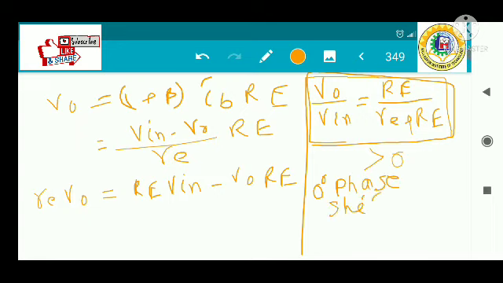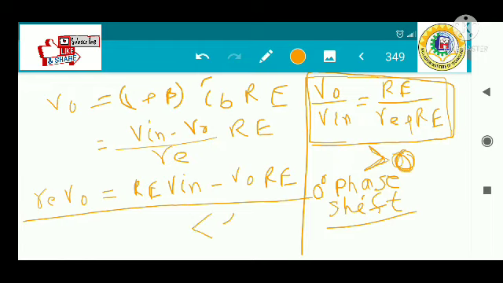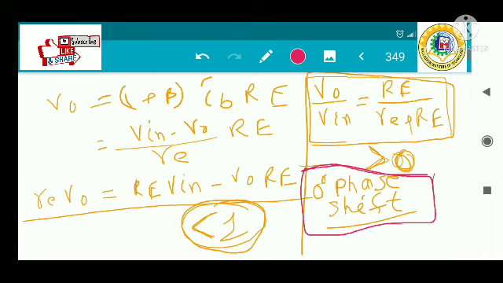Here gain is greater than 0 but also less than 1. So gain is less than 1, but there is no phase shift between the input and output voltages. So this is all about the emitter follower, the common collector configuration.